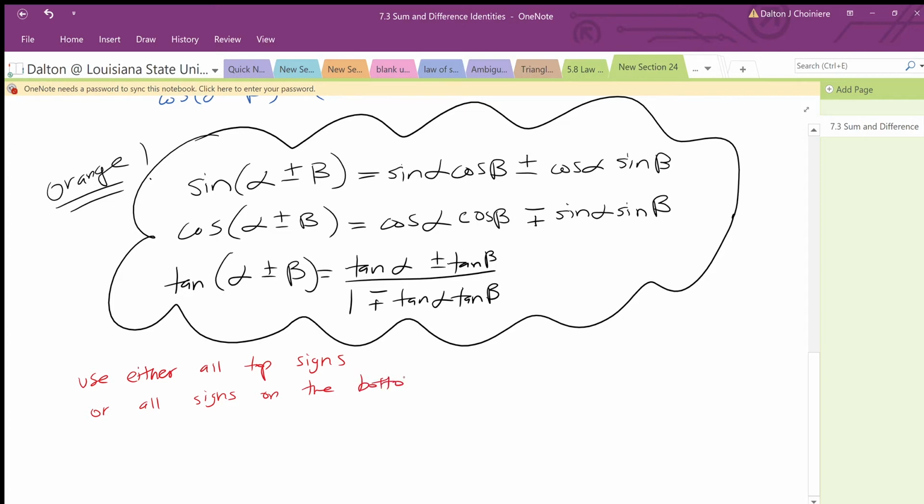So either use all the signs on the top through one problem or all the signs on the bottom for another problem. So like for cosine, if I have cosine of alpha plus beta, since the plus sign is on top, then in my actual math on the right side, I will use the sign on top over here, which is a minus sign. Okay, so you will either follow all of the top signs or follow all of the bottom signs.